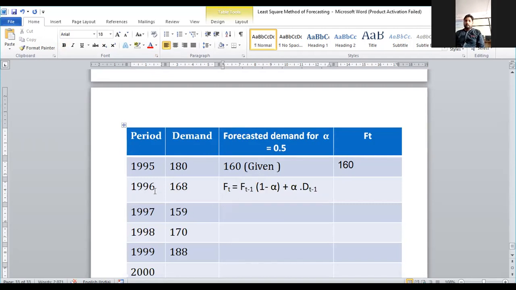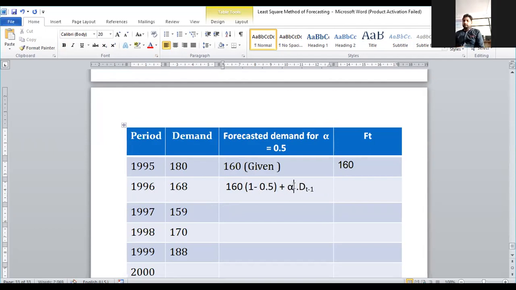Now if you want to calculate the forecasted demand for the 1996 year, how are you going to calculate this? Directly I will write here f of t minus 1, which is nothing but the forecasted demand for the previous period. So it is equal to 160, times 1 minus alpha, alpha is 0.5.